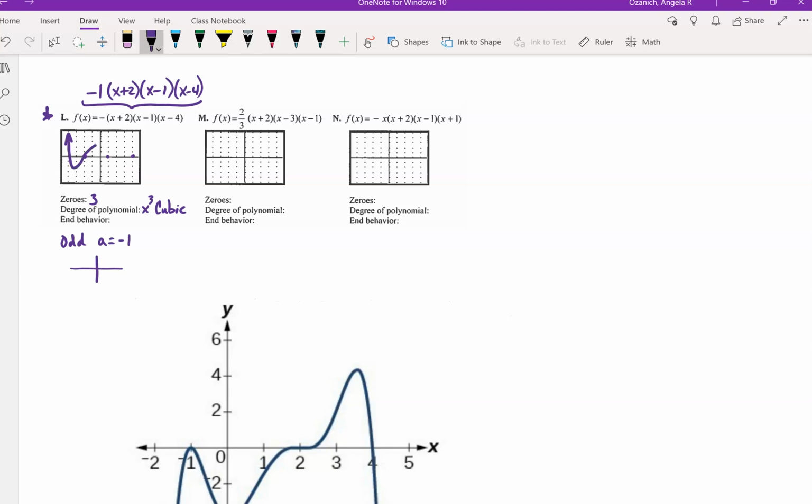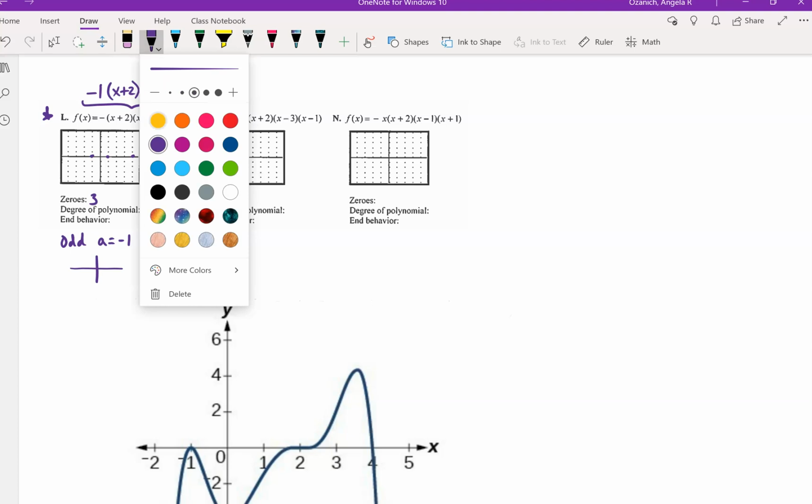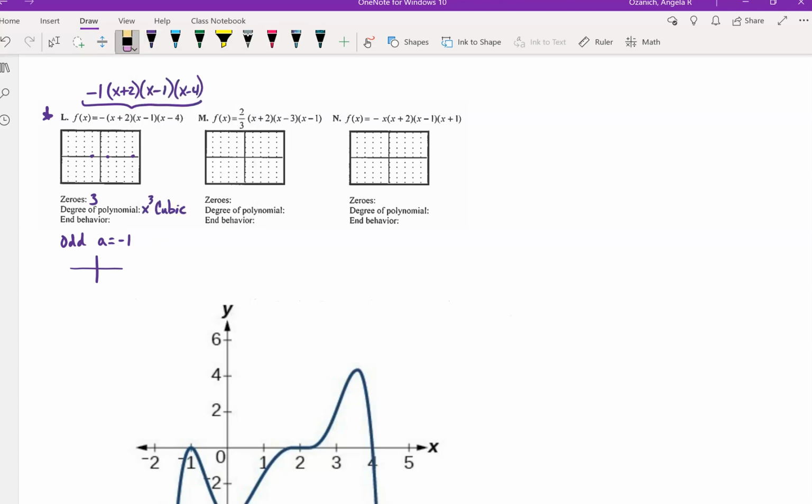So my graph is going to look something, oops, which way did I go here? What just happened? Oh, I know what just happened. Okay, let's try this again. I have my zeros, and if I can get them all in the right spot, we'll go to town here at -2. Okay, let's try this again.